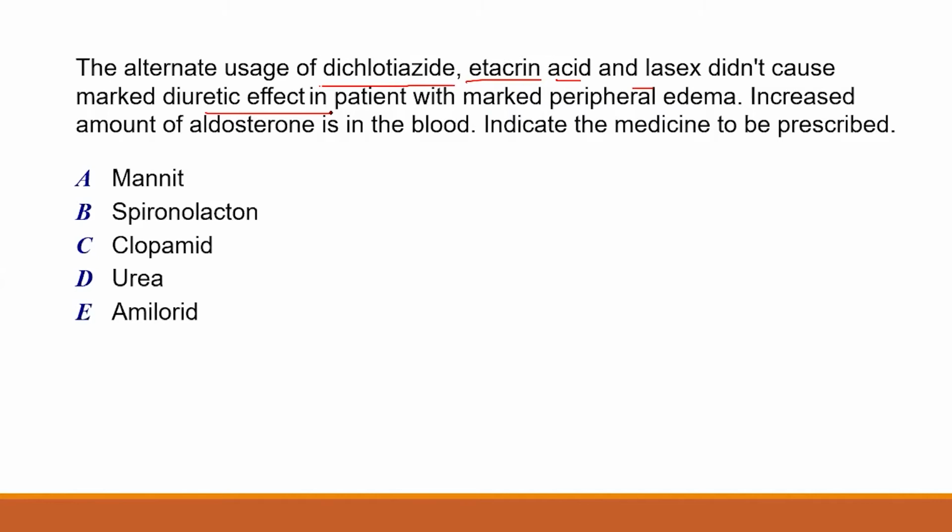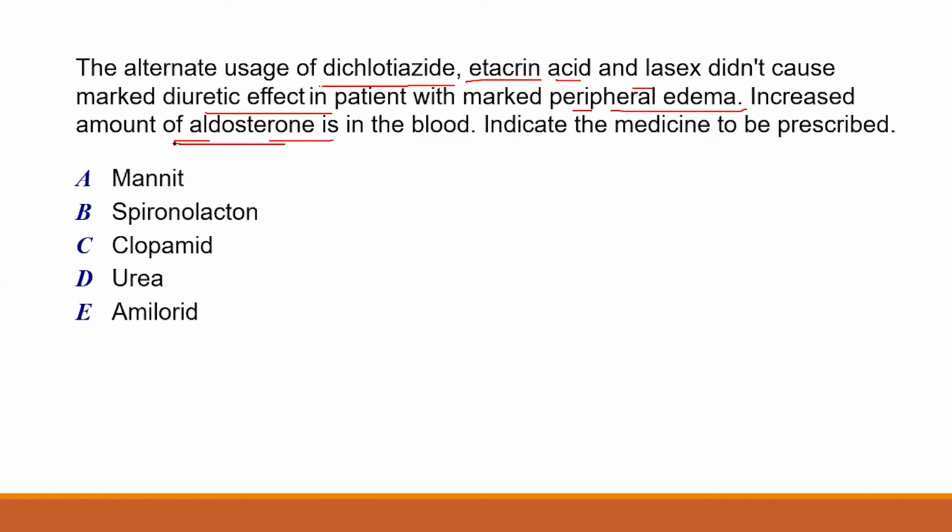And we use them for somebody with edema or with hypertension, basically. Now, they said this person is having a marked peripheral edema, and they're saying the usage of these drugs did not really cause much effect. Now, increased amount of aldosterone is in the blood.